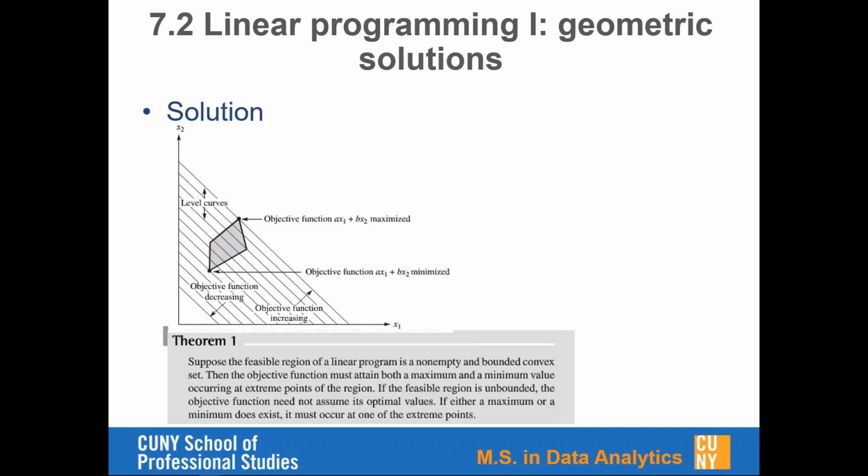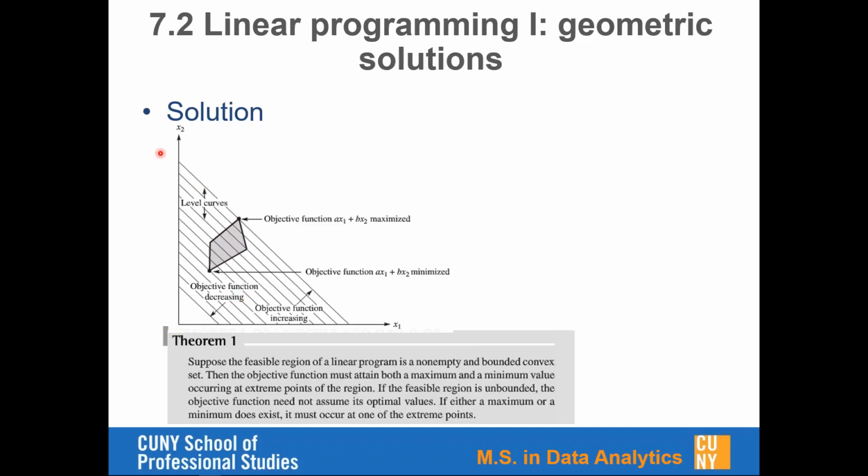It's the same thing as what I just discussed. We're trying to find a feasible region. Meanwhile, the objective function is increasing in that direction, and the objective function is decreasing in that direction.